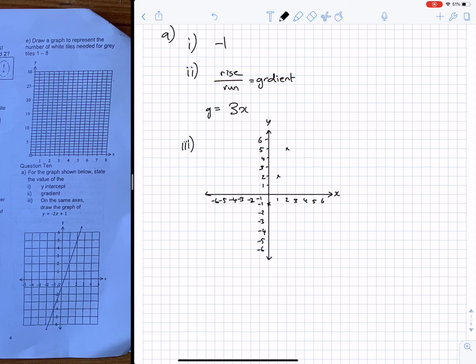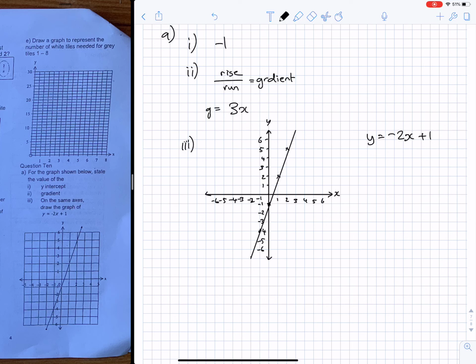And it goes -4 and -1. So the line here would go something like that, okay?